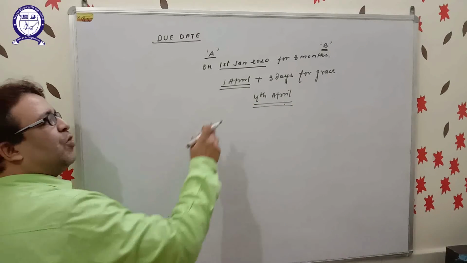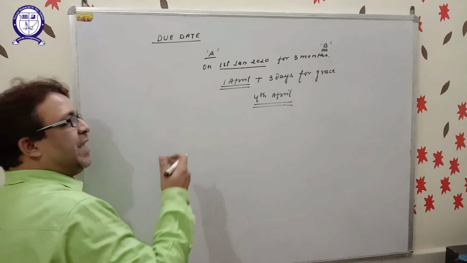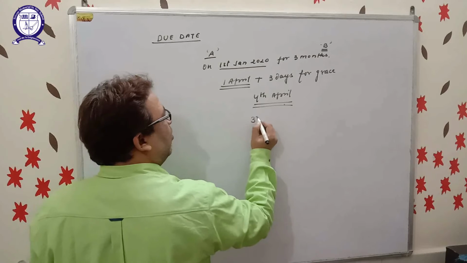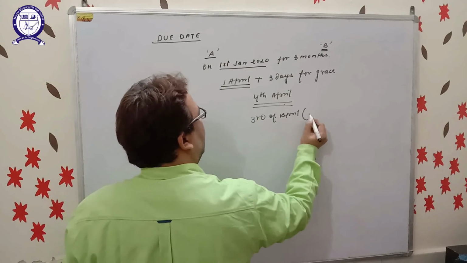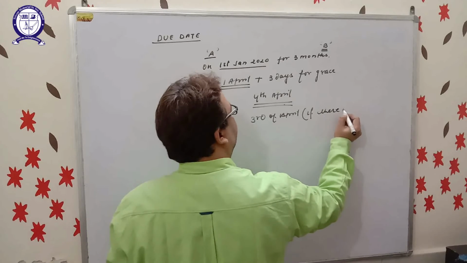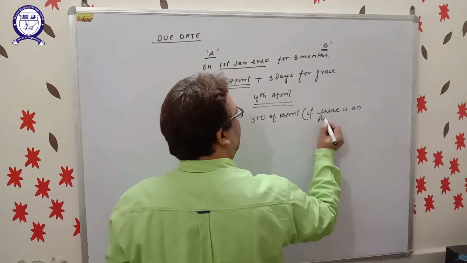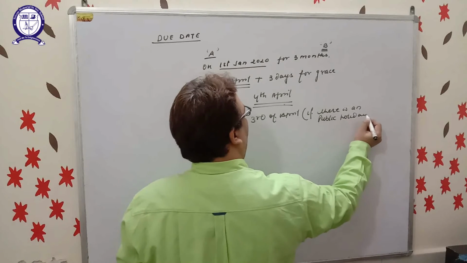Suppose on 4th April there is a public holiday. Then in that case the due date will be 3rd of April, if there is a public holiday on the due date.